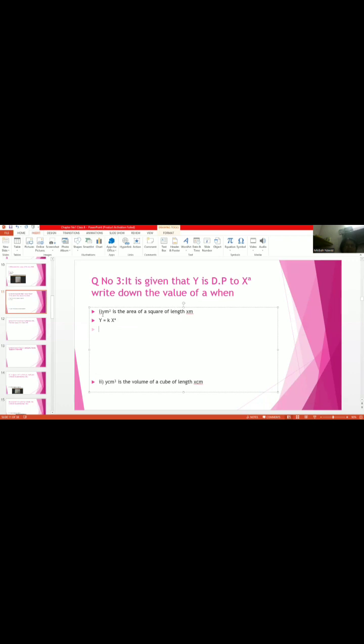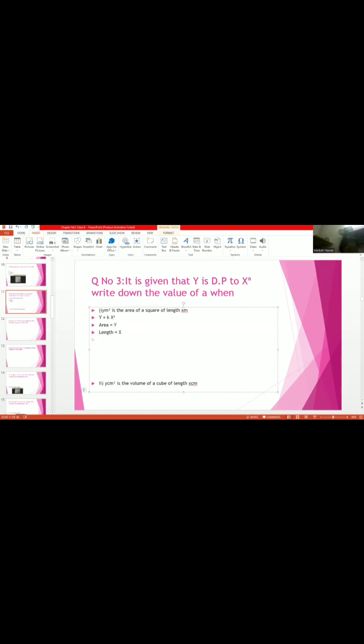The area given is y, so you have to write it here. For area, they gave you the variable y, and for the length, they gave you the variable x. Now it's clear. For area, it is y, and for the length, it is x.